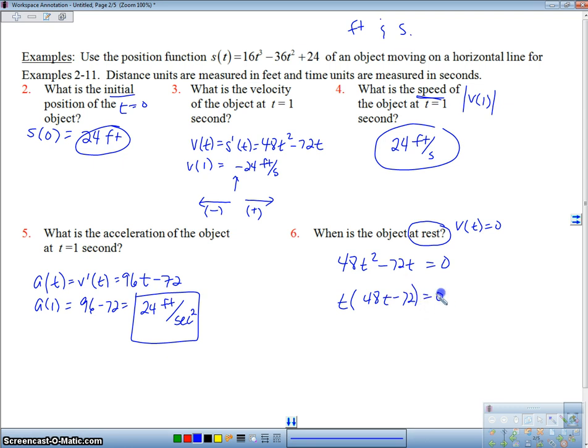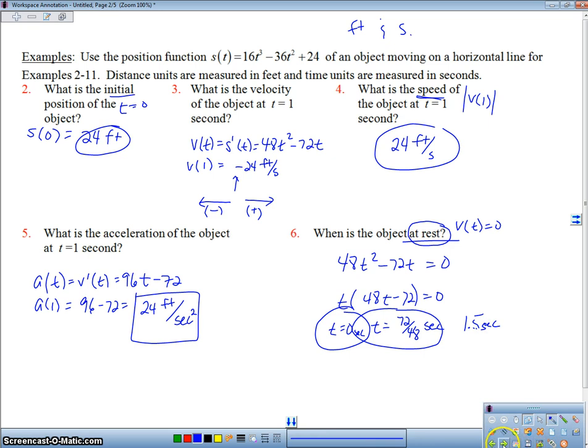I'm sure you can factor out more than just a t. We're going to get t equals 0, and t equals 72 over 48. These are in seconds. So these are the two places where the object is at rest. If this is bothering you, that's 1.5 seconds. But you don't have to do that because you can just leave it like it is.